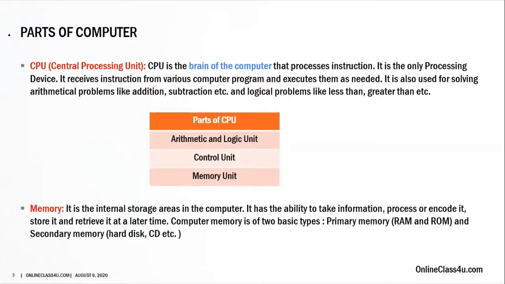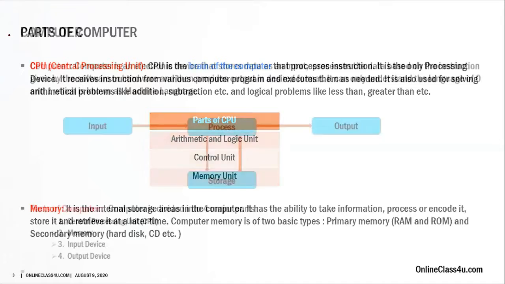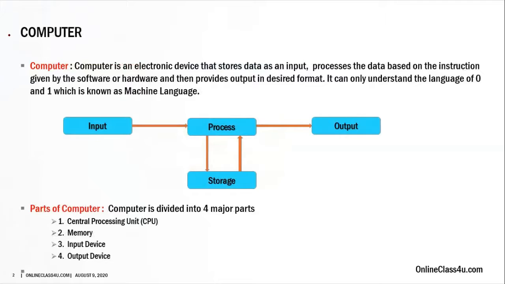So CPU is again divided into three parts. One is the arithmetic and logic unit, the other one is the control unit, and the third one is the memory unit.